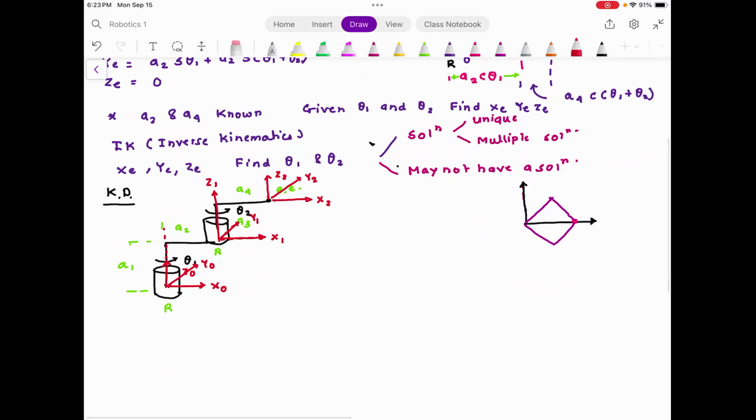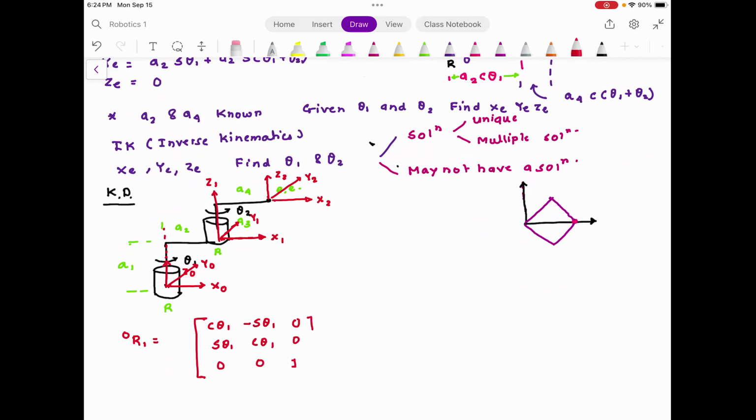Now I need to set up the relationship between 0 and R1. Remember, the only rotation matrix that we are going to remember is cosine θ1, minus sine θ1, 0, sine θ1, cosine θ1, 0, 0, 0, 1.